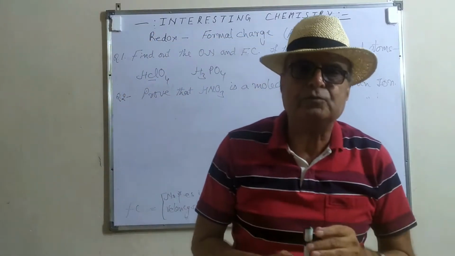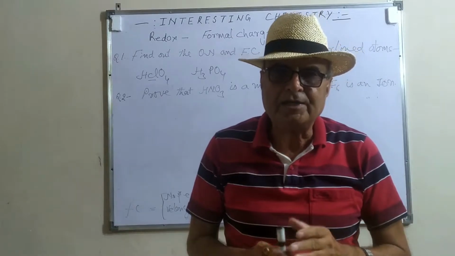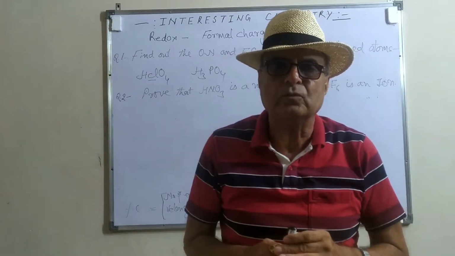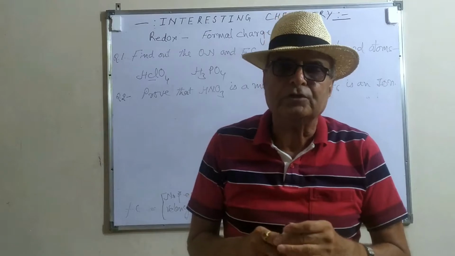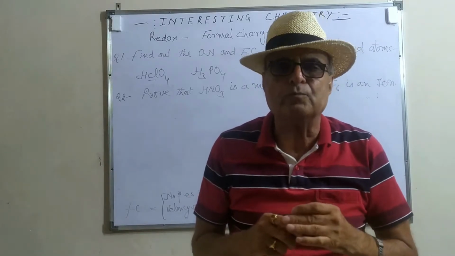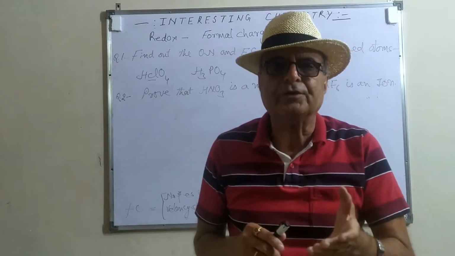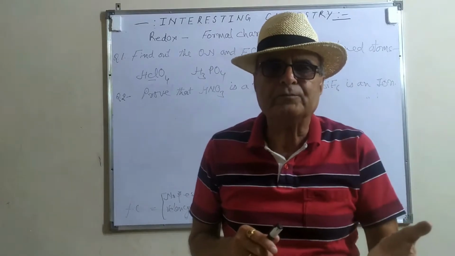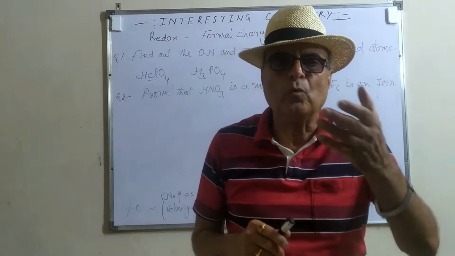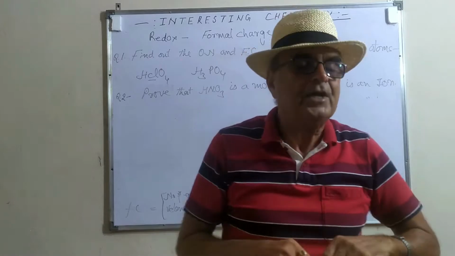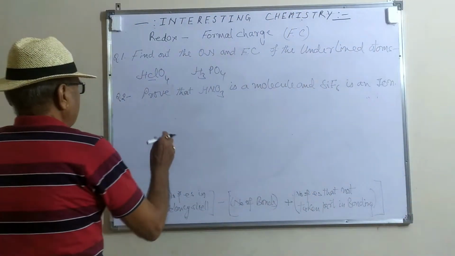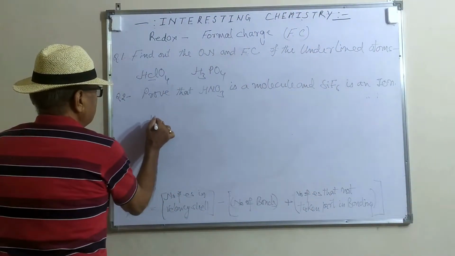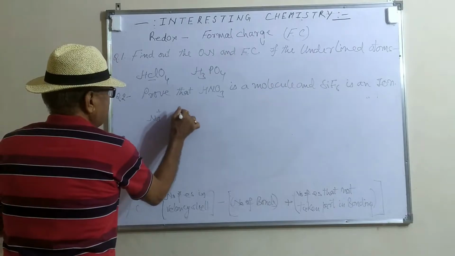What is formal charge? This is denoted by FC, or the formal charge. To explain the formal charge, I have to discuss with you all three types of bonding: ionic bonding, covalent bonding and coordinate bonding. In ionic bonding, it is Na positive and Cl negative.